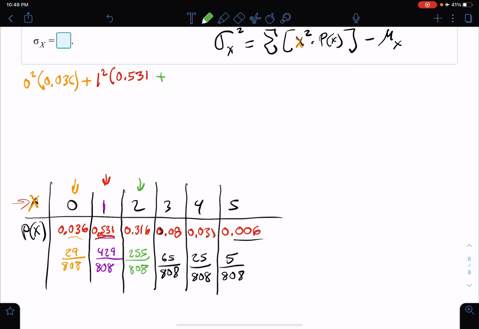The next one is a 2, square it, and the probability of getting that 2 is 0.316. And the next one's going to be in pink. The event is getting a 3, and the formula says to take that event and square it, and the probability of getting that event is 0.08.